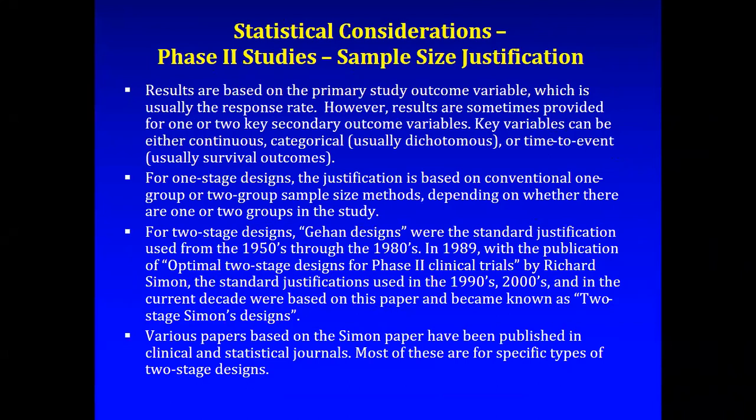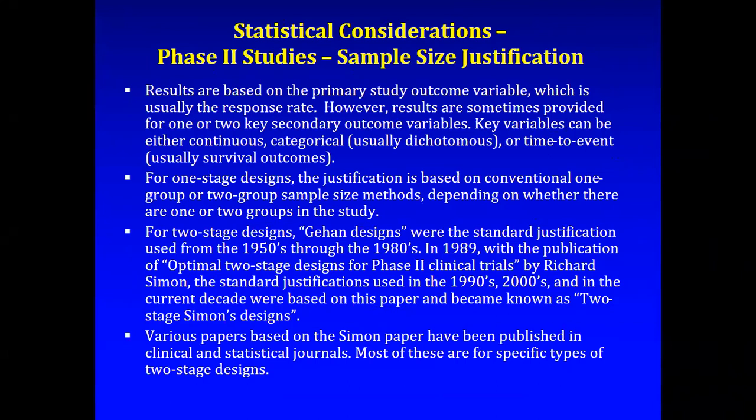In 1989, Richard Simon published a seminal, and now very well-cited, paper about optimal two-stage designs for phase 2 trials. And that's become the standard for all two-stage phase 2 designs from that point on, even to the present day.